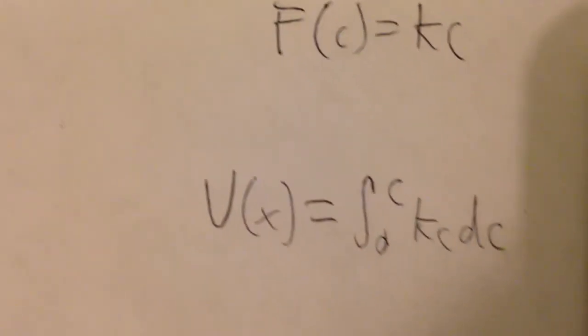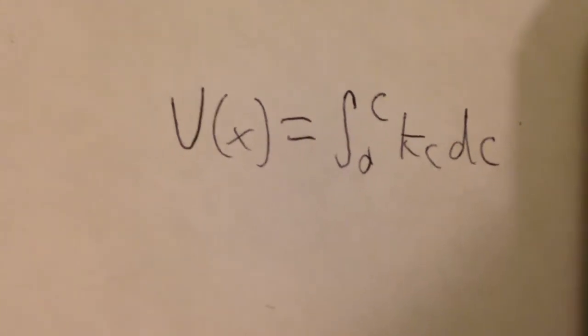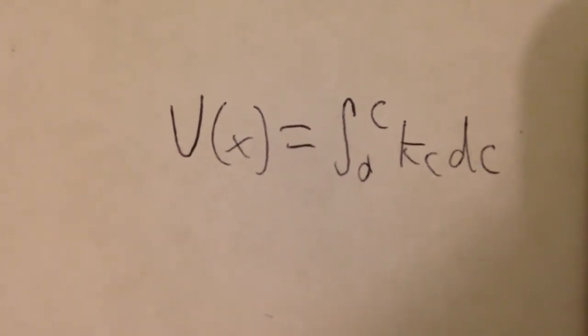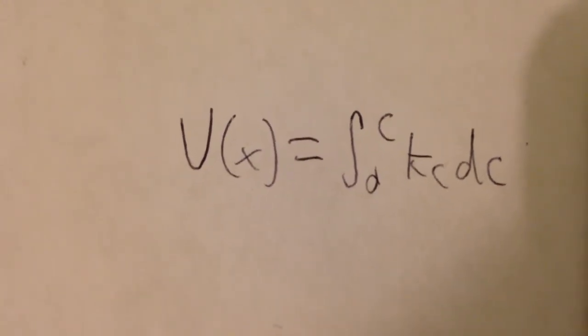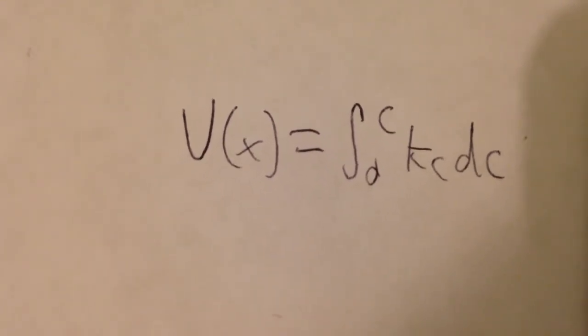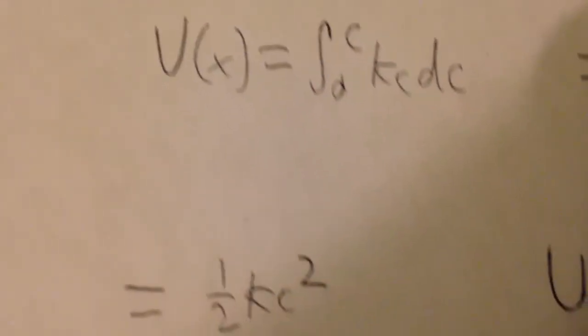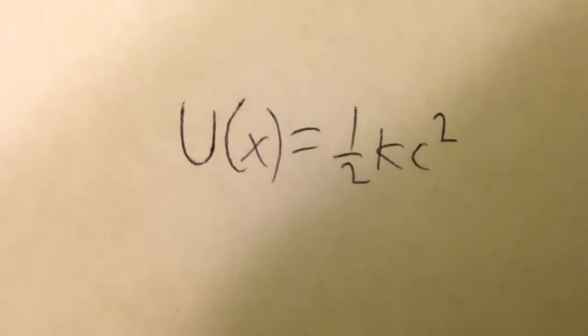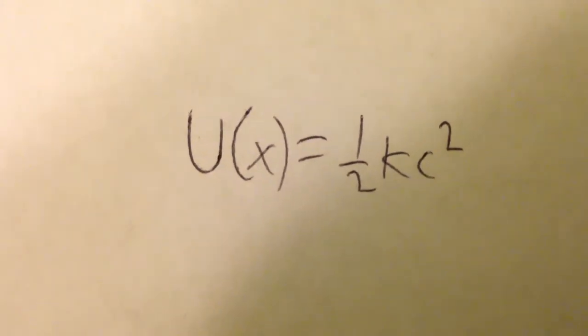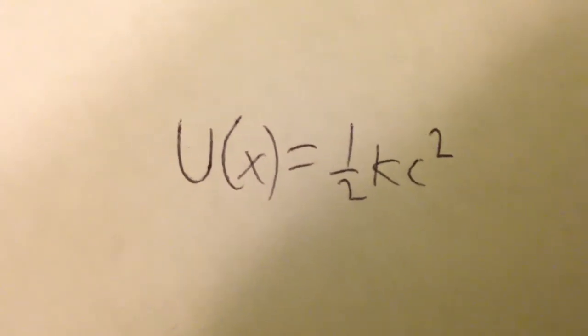So substituting in, we get that the potential energy is the integral of kc dc from 0 to c, because it's initially unstressed and changes in length by c. After integrating this, we end up here, which is in fact our work equation for springs, telling us how much work it takes to stretch a spring a certain distance.